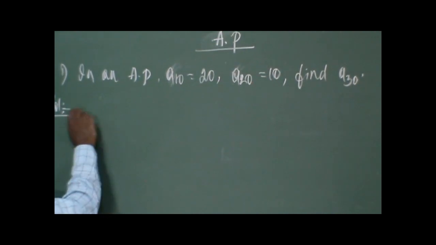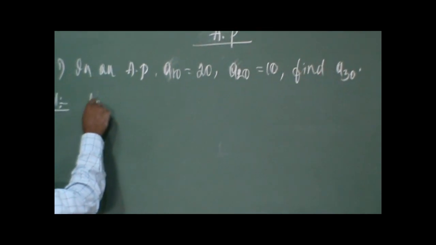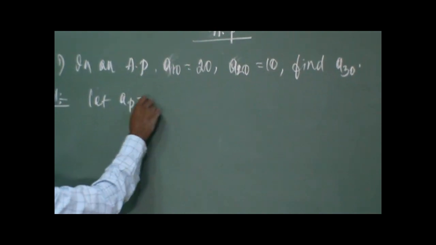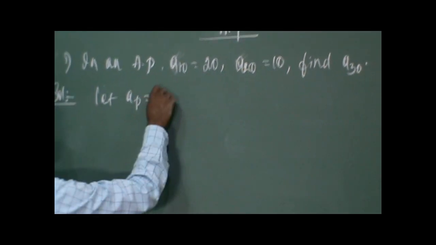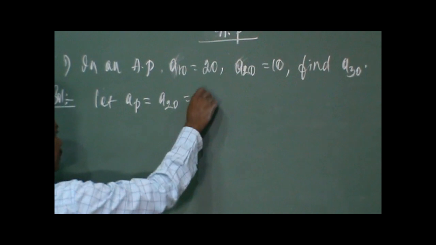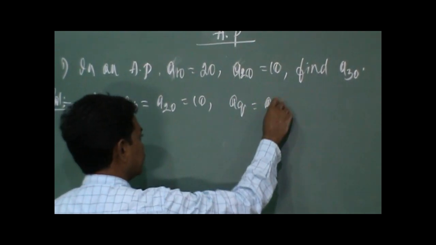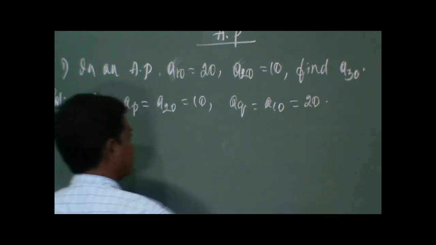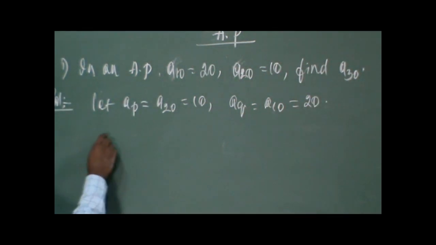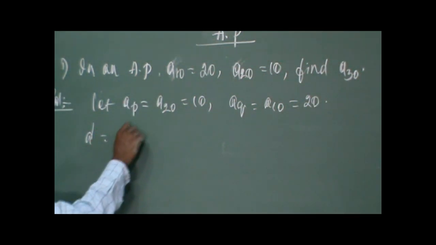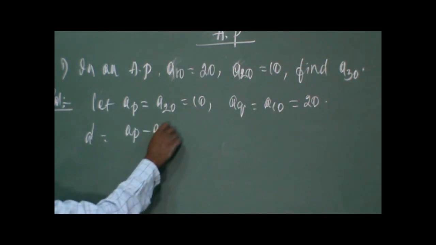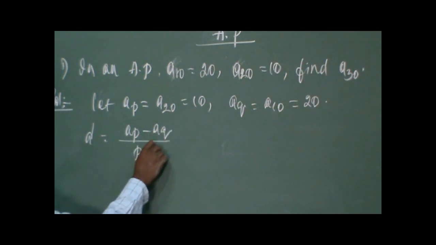Right. So let AP be the bigger term, A20, A20 is equal to 10, and AQ is A10, which is equal to 20. So let us go with the formula. D is equal to (AP minus AQ) by (P minus Q).